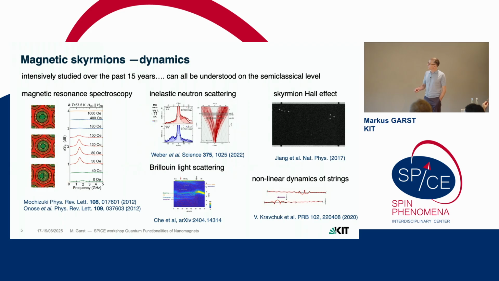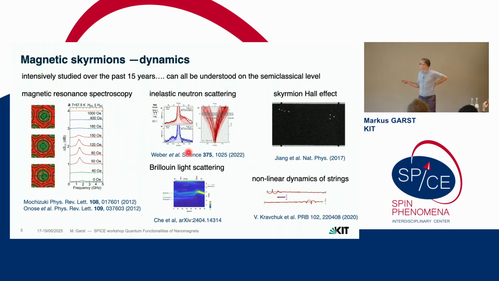If you have a skyrmion, there are three magnetic resonances: counterclockwise, clockwise, and breathing mode, which have been studied in various systems. Here I show one of the first studies by Onose et al., where you see clearly this microwave resonance where a skyrmion is excited with a very specific resonance condition.